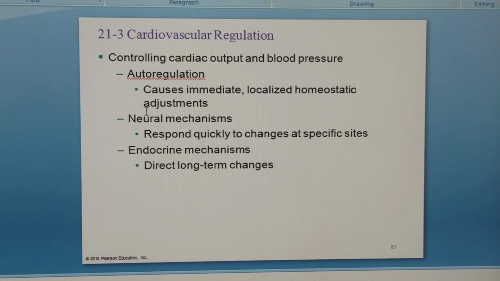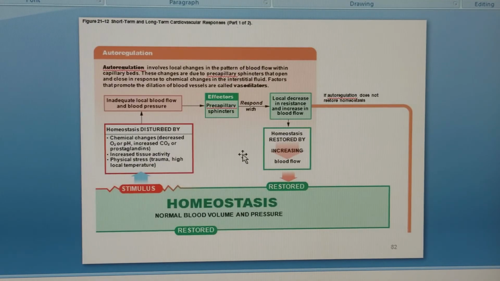Neural mechanisms respond quickly to changes at specific sites, and endocrine mechanisms direct long-term changes. So, we control cardiac output and blood pressure through autoregulation, neural mechanisms, endocrine mechanisms, or a combination thereof.